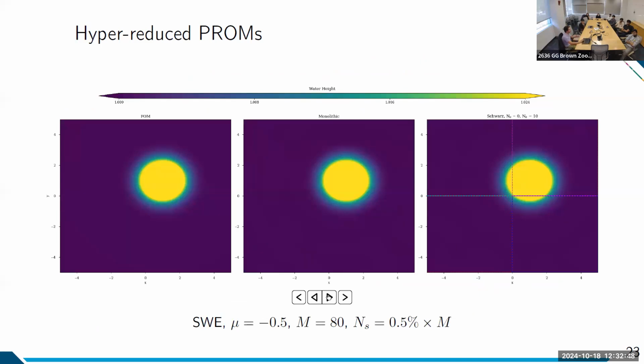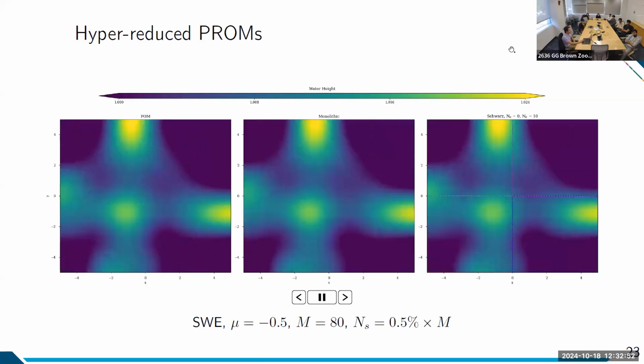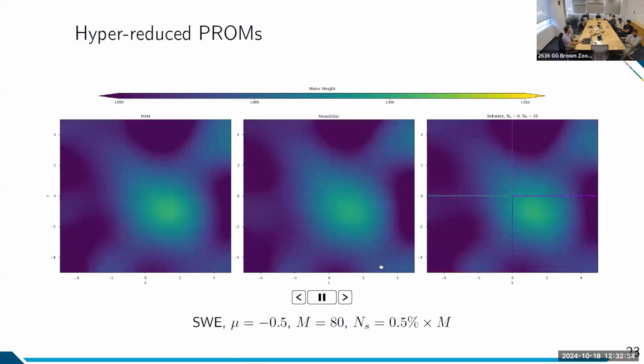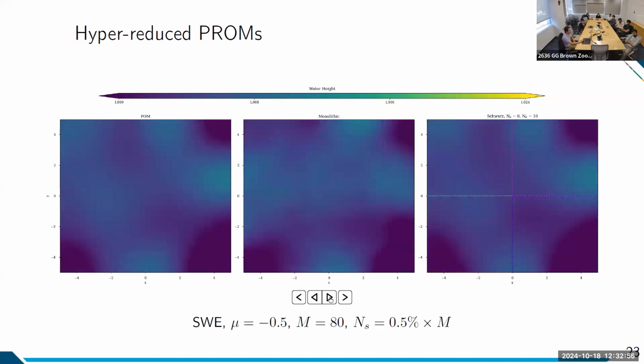But what we find is that for these hyper-reduced ROMs, again for the shallow water equations, we're able to maintain a stable and accurate solution, even where you're sampling, say, only 0.5% of the domain.